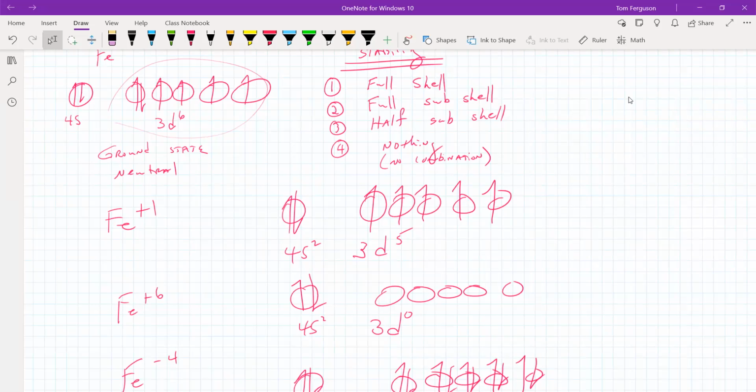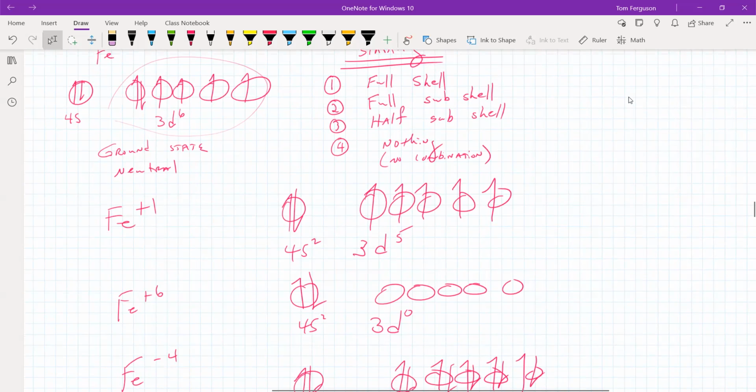More than half? I mean, lose 3? Okay. Well, you wouldn't gain 3 because you wouldn't fill it up. You'd have to gain 4. But you said you can lose 3, right?